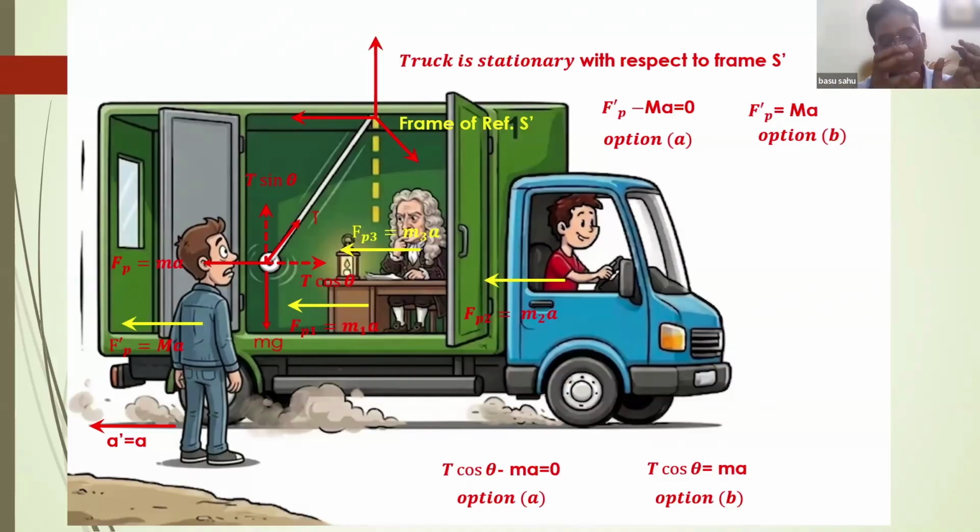If somebody is standing on the earth, we have the pre-assumption that he cannot move without a force. But in S dash, he moves. That's why we say it appears like that. But this kind of thing is absolutely not correct in terms of physics.